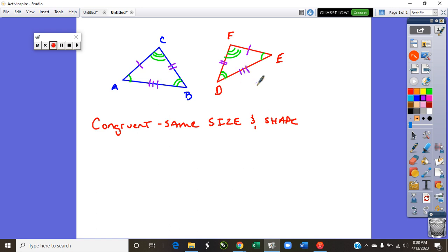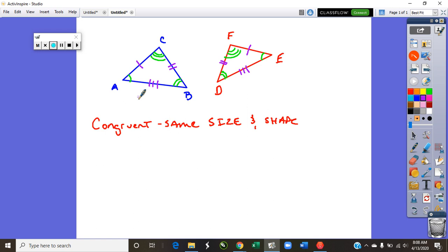So what these marks mean: these are angle tick marks, and these are side tick marks. They mean these are corresponding angles between these two shapes. So this is a known, that these two shapes are indeed congruent.